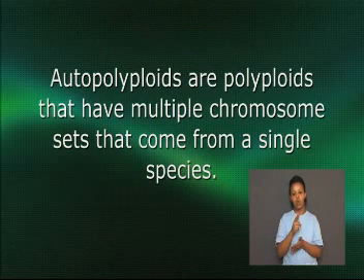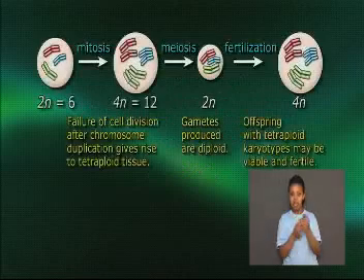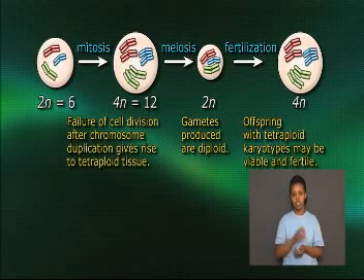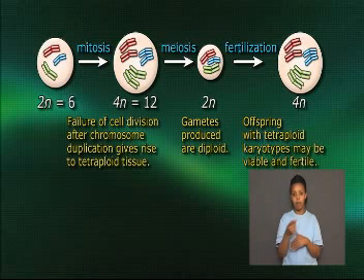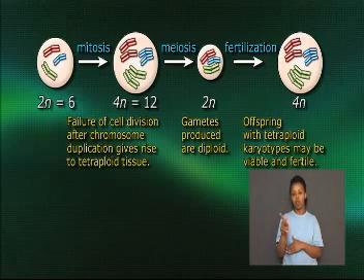Autopolyploids are polyploids that have multiple chromosome sets that come from a single species. Autopolyploidy can occur as a result of a failure in the mitotic or meiotic process. This results in the formation of diploid rather than haploid gametes.